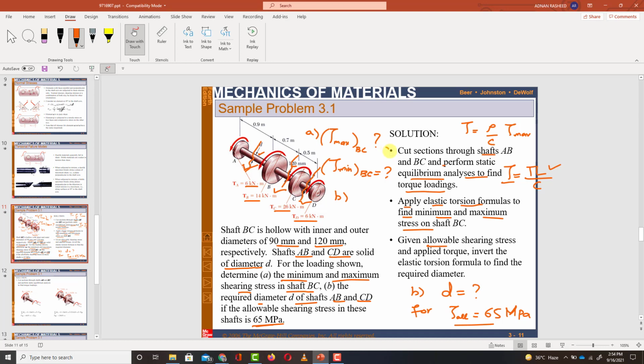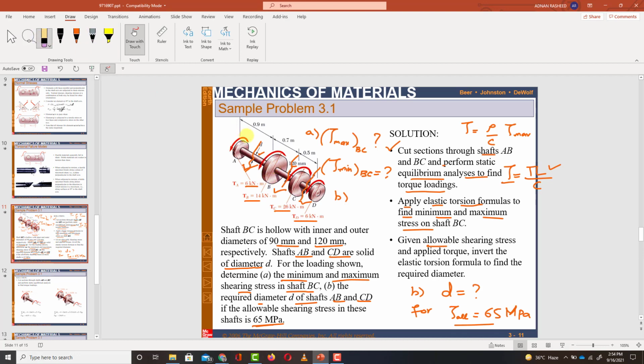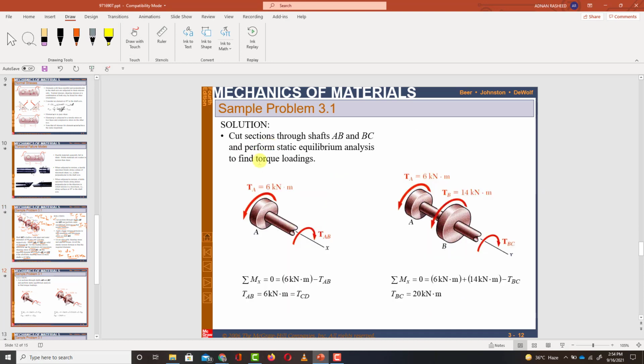So let's start with step number 1, that is cutting through a section of shaft AB. If you cut the shaft at this point, this portion will be there, clear? And the torque at point A is 6 kilonewton meter. Since you have cut it at this point, there will be a reaction torque, TAB, which is the torque in this shaft.